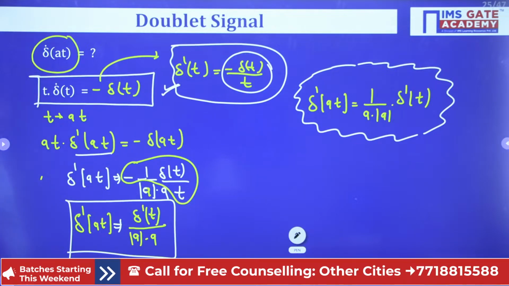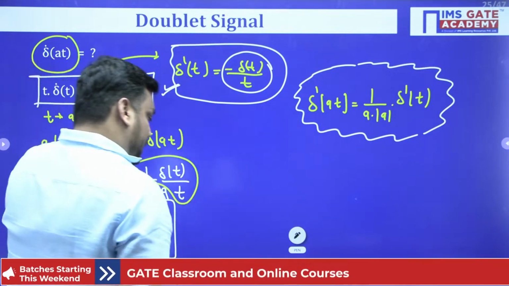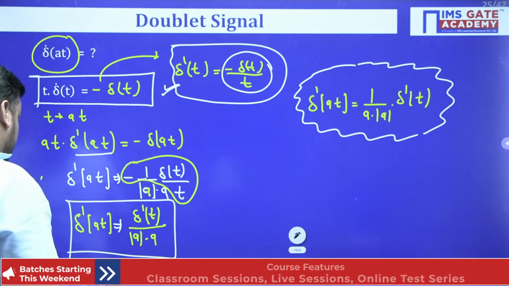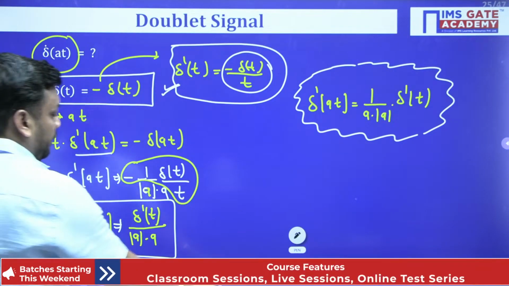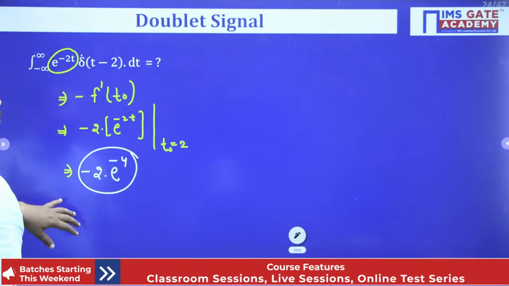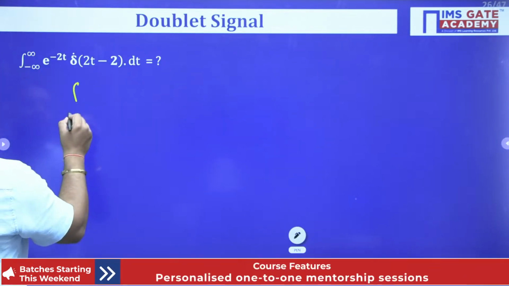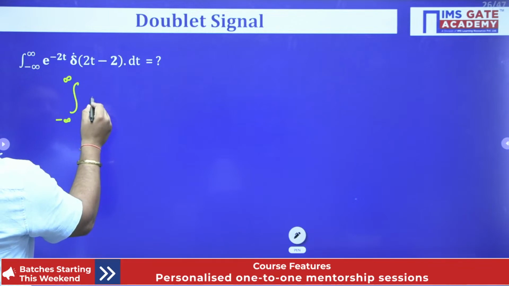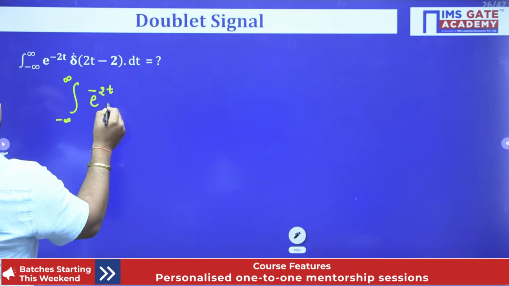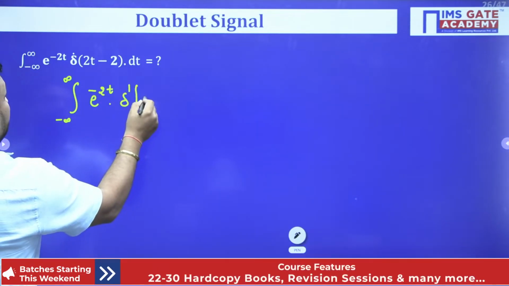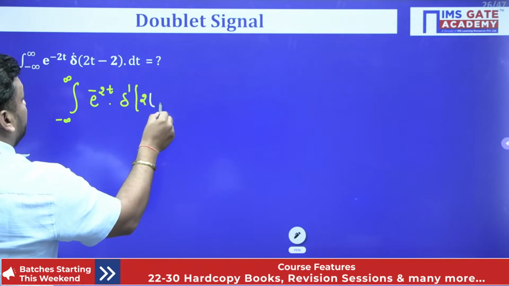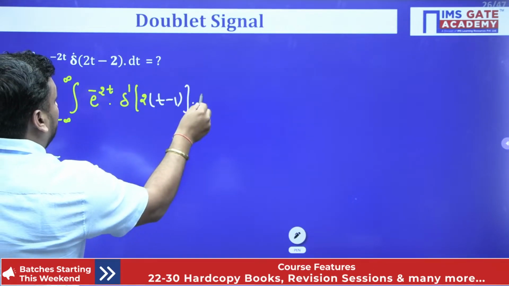Del dash at is equal to 1 by a into mod of a into del dash t. This is the important property of impulse. Now just try to attempt this. So here you will write: integral from minus infinity to infinity of e to the power minus 2t dot del dash 2, you can take outside, so inside the bracket you will get t minus 1, into dt.